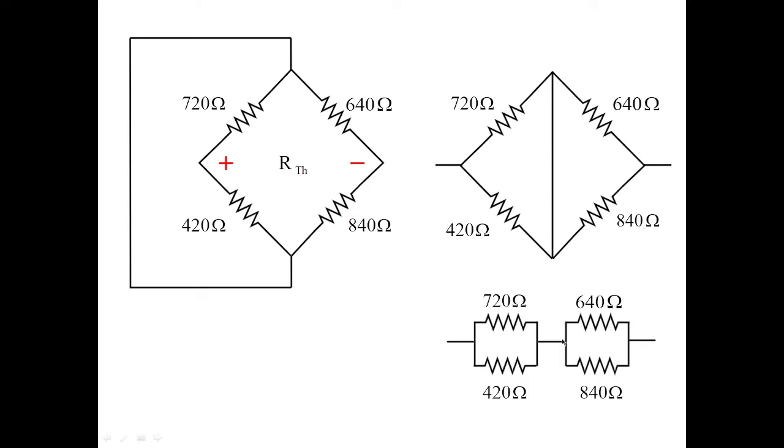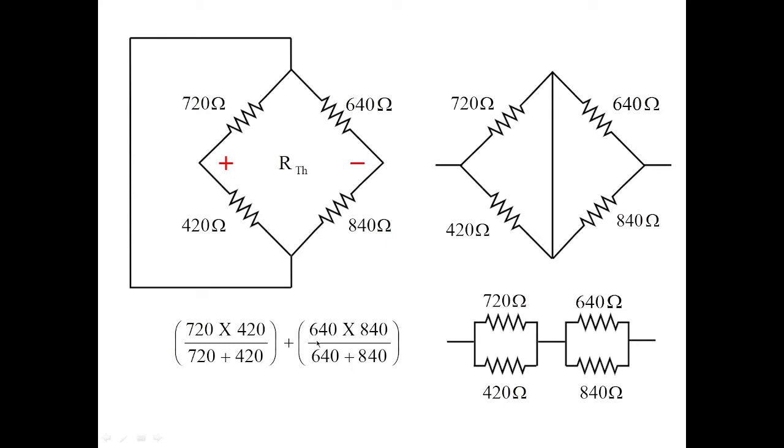So this is how the circuit looks like. Now 720 parallel to 420 will give you the value as 720 into 420 divided by 720 plus 420. And again you have in series the combination parallel of 640 and 840. So this will be summed up in this fashion.